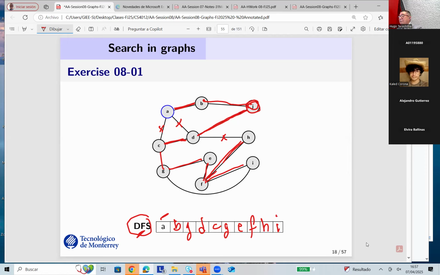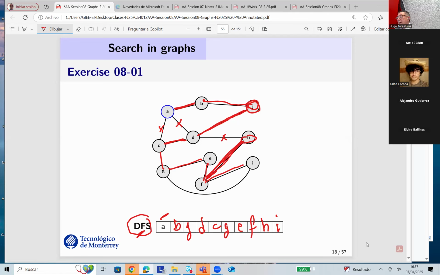Does that make sense? So I go as deep as possible first, and if I reach a dead point, I backtrack, and then I continue, like in this case, H, and then no more.